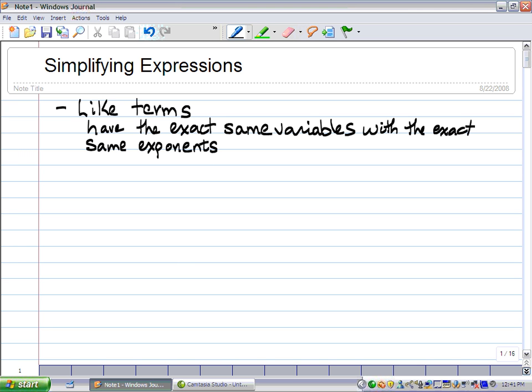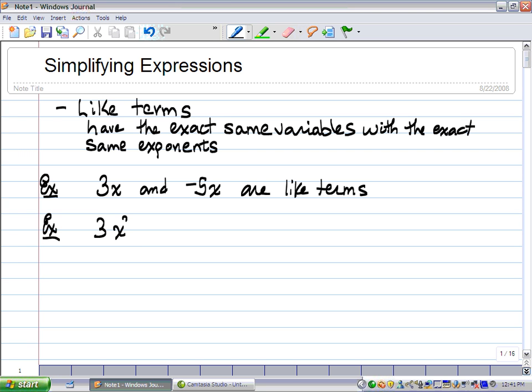Okay, so for example, 3x and negative 5x are like terms. 3x squared y and 4xy squared are not like terms. They're not like terms because the x in the first one has a power of 2.